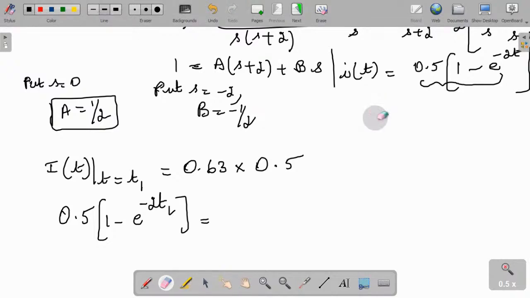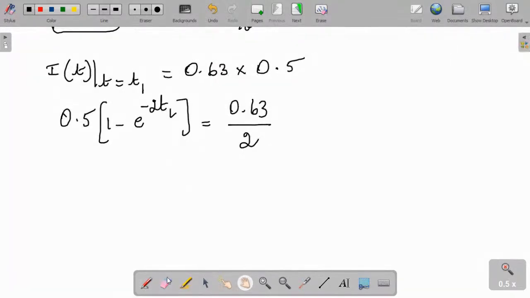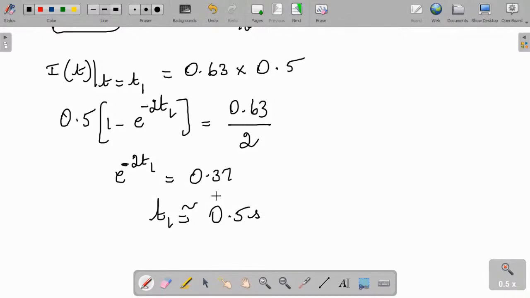Yes, so this can be written as, to simplify, 0.63 by 2, because 1 by 2 is 0.5. So we should practice for the exam without a calculator. So from this, just multiply everything inside. So e power minus 2t1 becomes 0.37. Since there is an exponential, take log on both sides, and you will get the answer as approximately 0.5 seconds. Okay, so t1 will be equal to 0.1 second.